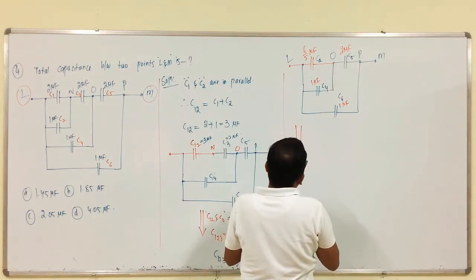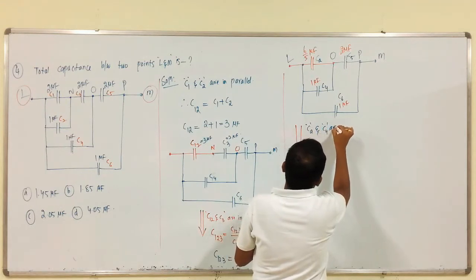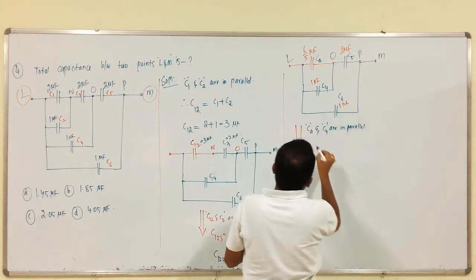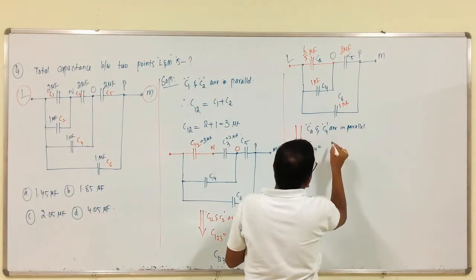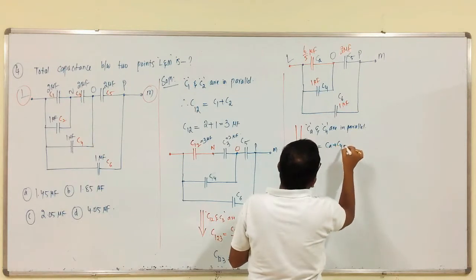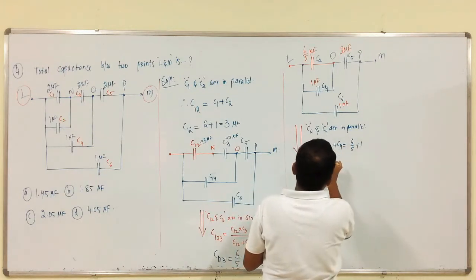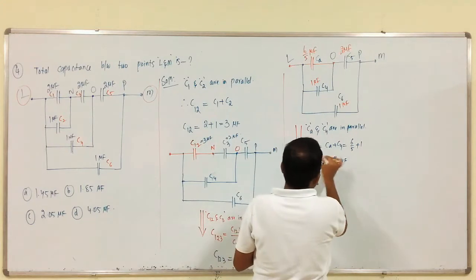Therefore, Ca4 is equal to Ca, parallel means addition, Ca plus C4, which is equal to 6 by 5 plus 1, which is Ca4 equal to 11 by 5 microfarad.